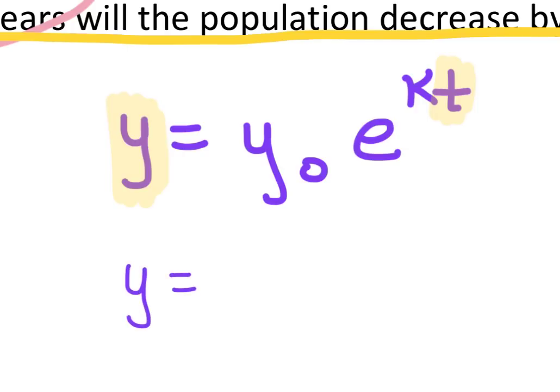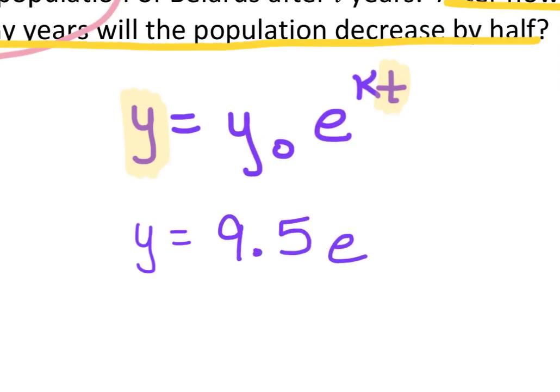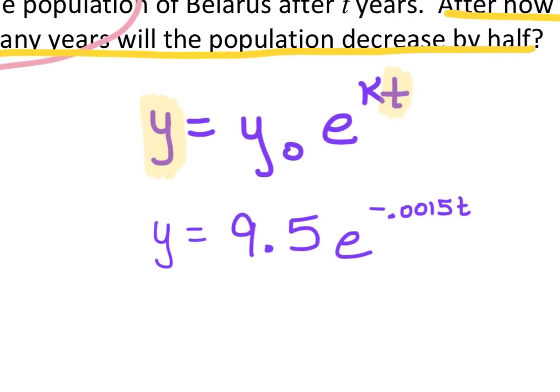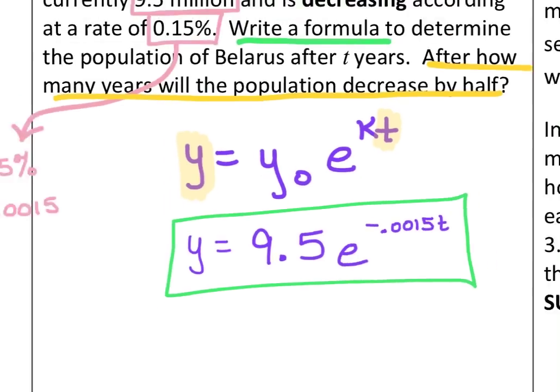Y stays Y. Y sub 0 is that 9.5. E stays E. And then your exponent is that negative 0.0015. And then T stays T. So that's your formula. It asks you to give a formula, and so that's the formula.